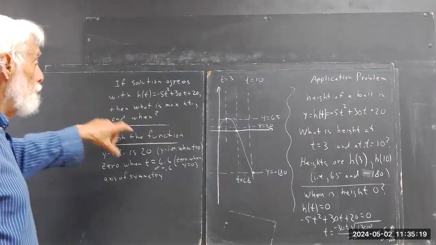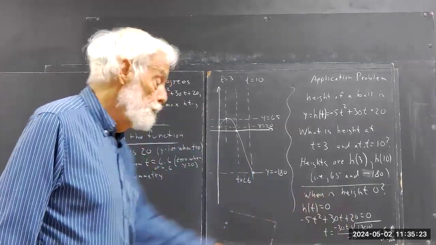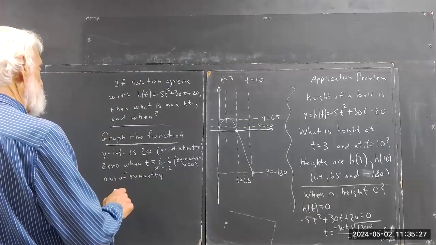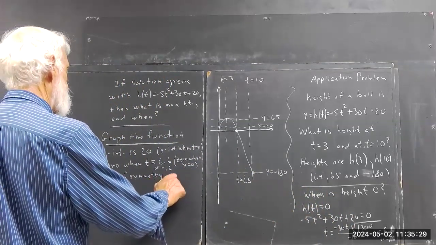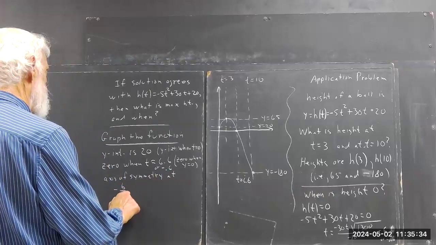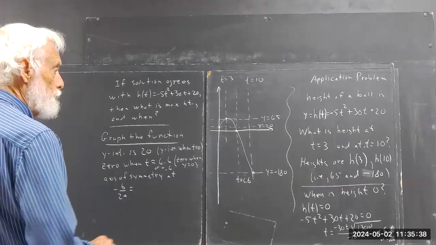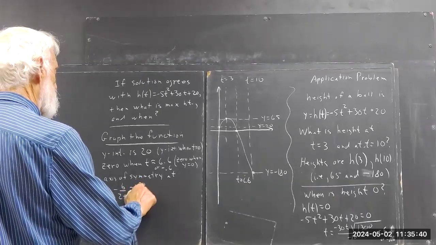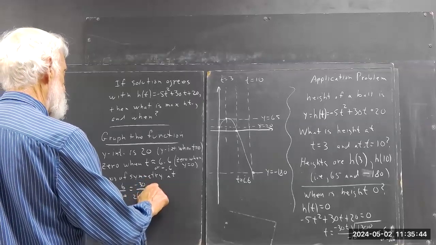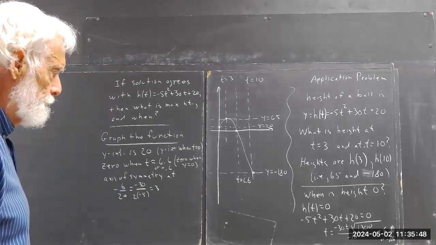Remember, if we know the function, we just solve this and we get those two solutions. Axis of symmetry is at negative b over 2a, which is negative 30, 2 times negative 5 equals 3.